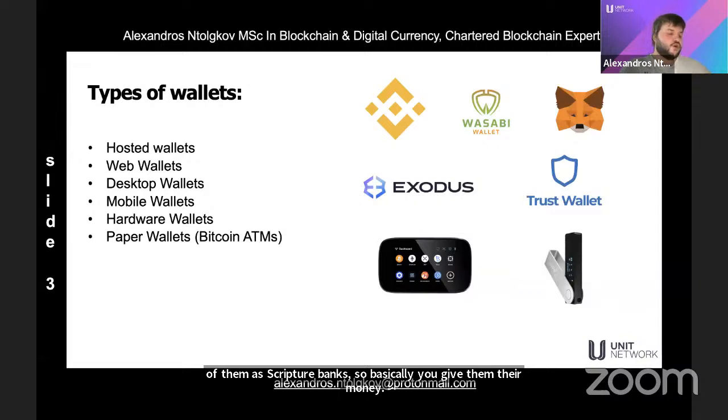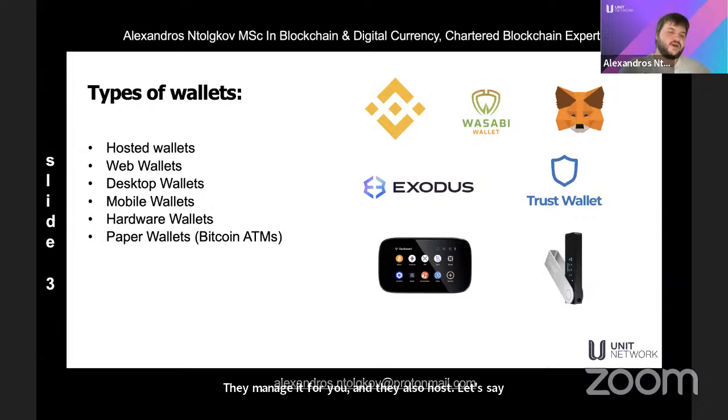They also hold the 12 or 24 word password, which they can use to enter and manage your money within their own wallet. When you send money or put it on such an exchange, you basically send it to them, and they manage it for you.